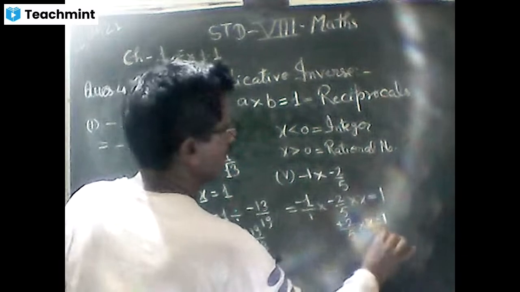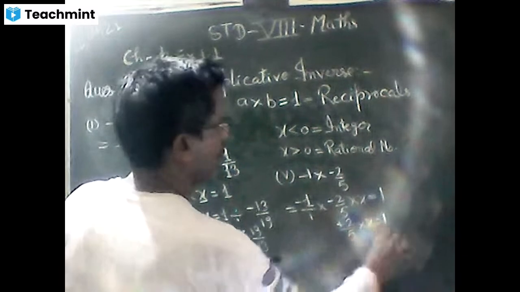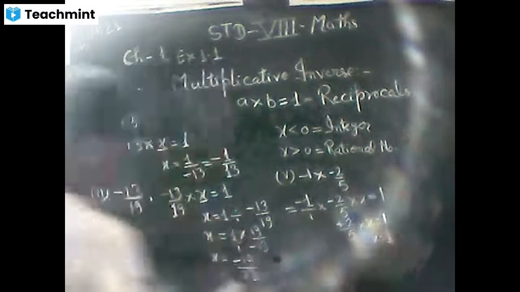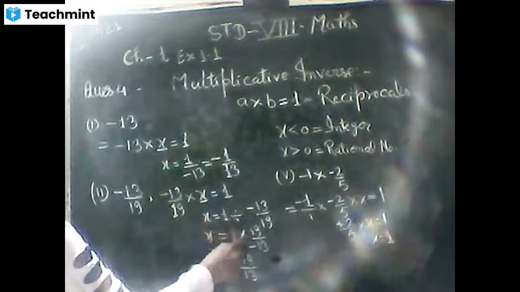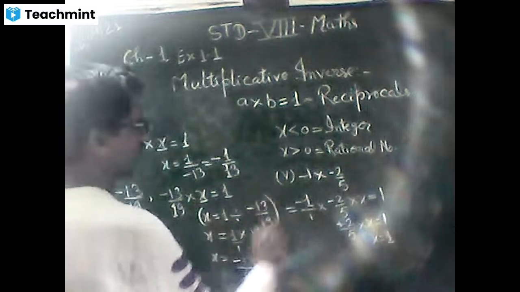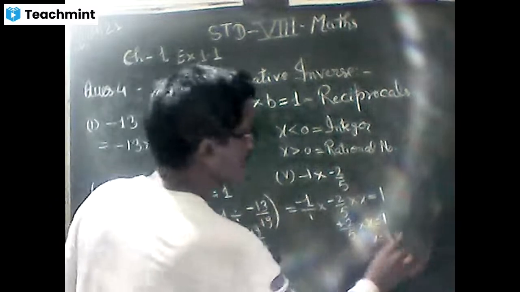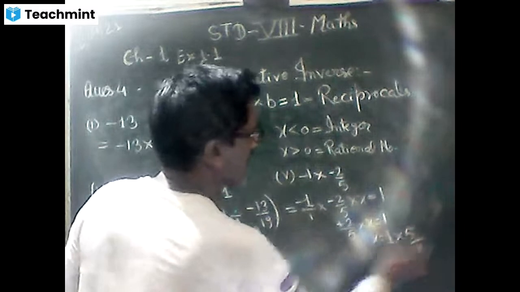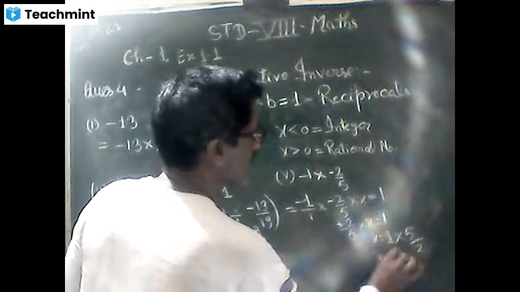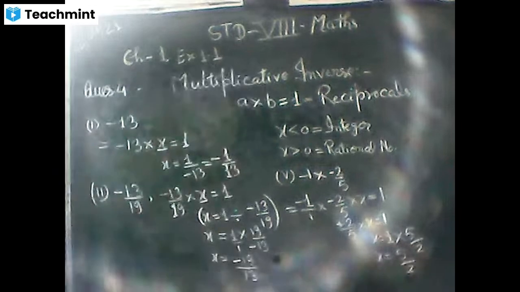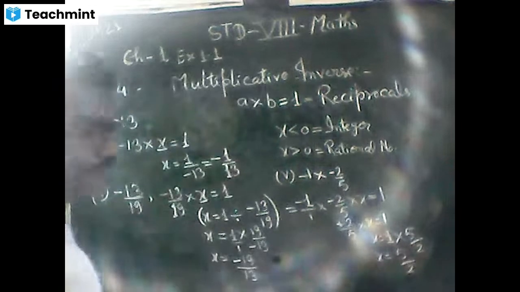Then what is the value of x? Using this property, division then multiplication, we skip this step and directly use multiply and write 5 by 2. So the reciprocal is 5 by 2 for this given number.